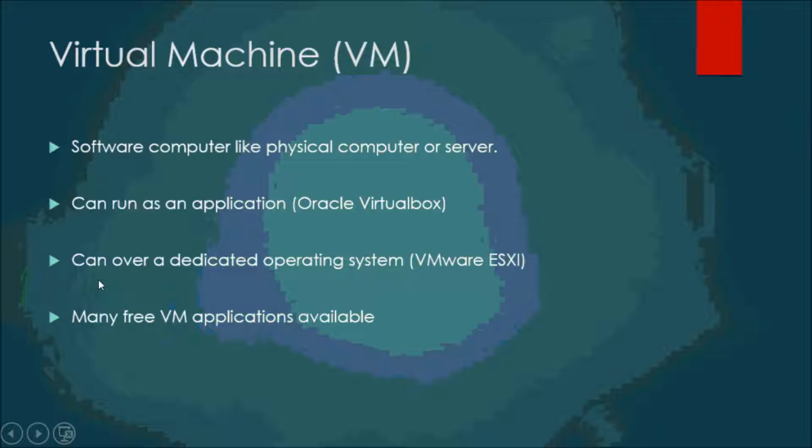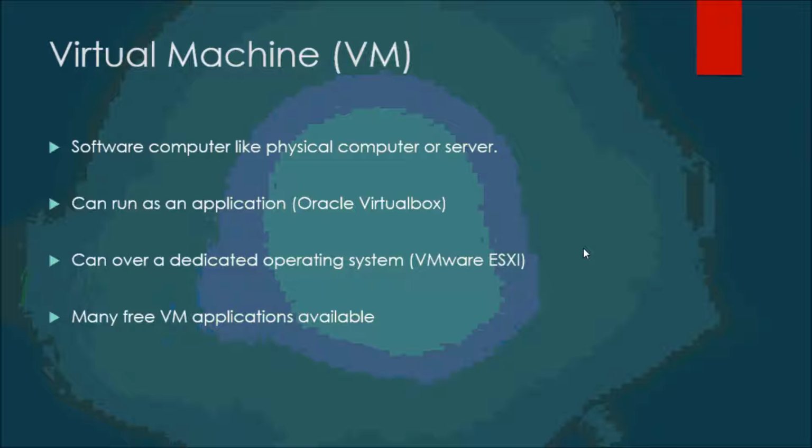Another thing is that you can have a dedicated operating system. What I mean by this is that you can buy a product, let's say VMware ESXi. I'll be explaining what VMware ESXi is. You can install that software as an operating system, so you would not have any Linux or Windows installed.